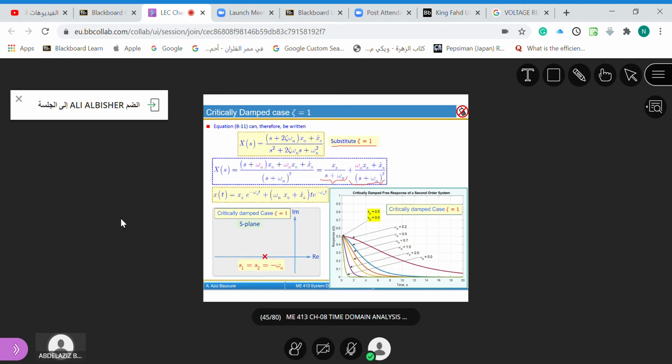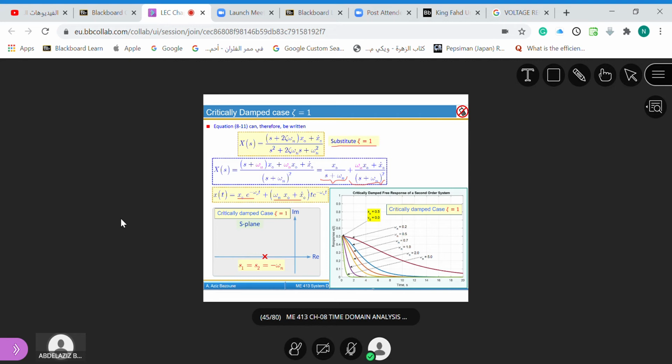So the response will look something like this: x0 exponential minus omega n t plus omega n x0 plus x dot 0 times t exponential minus omega n t. This is the equation for the response, and the response will behave like this. As you can see, the response will not oscillate, which means it does not go below the line 0.